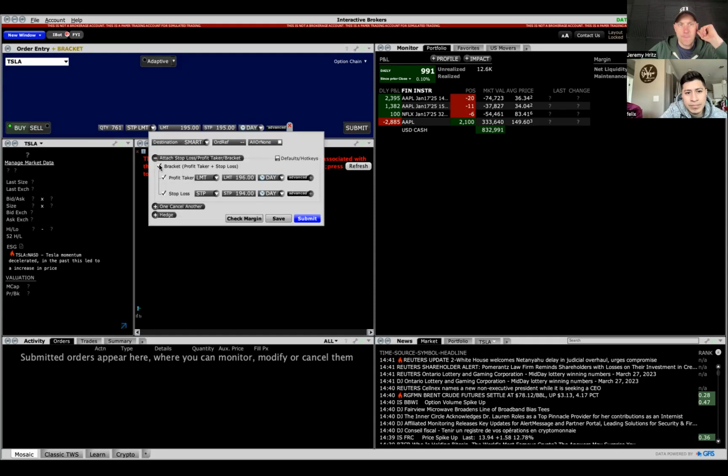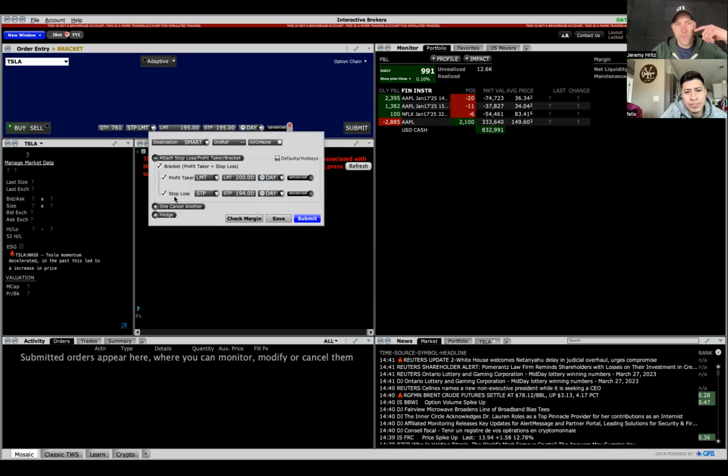Click that bracket. Now when we enter our order, it's going to put in our profit taker and our stop loss. So let's say our 10 EMA trade says we want to hit $200 for Tesla. So we put in 200. We want it there as the day.